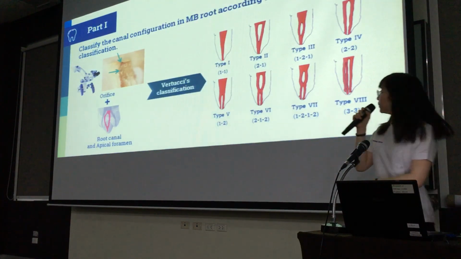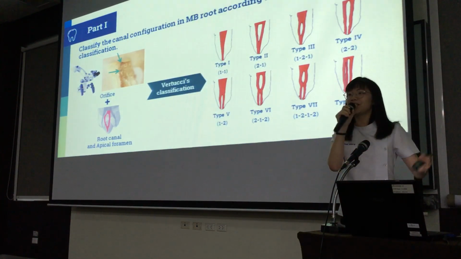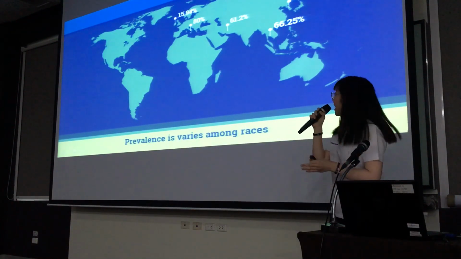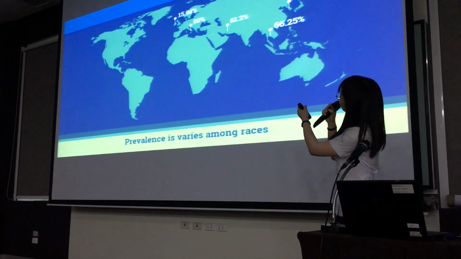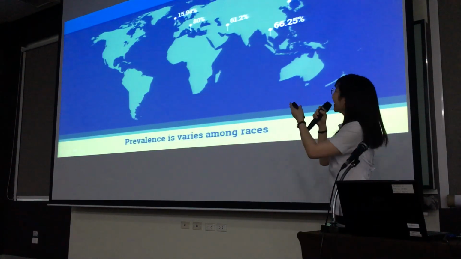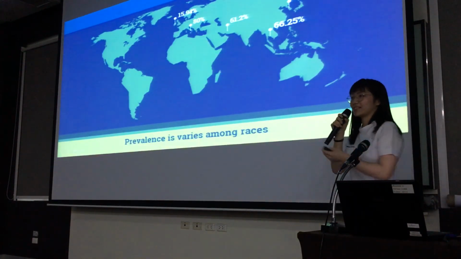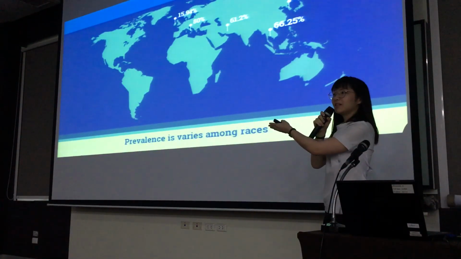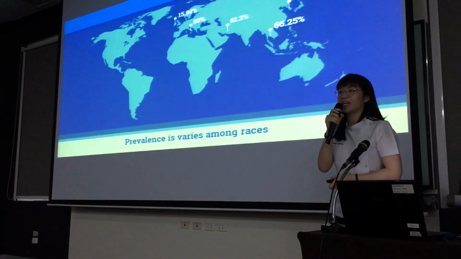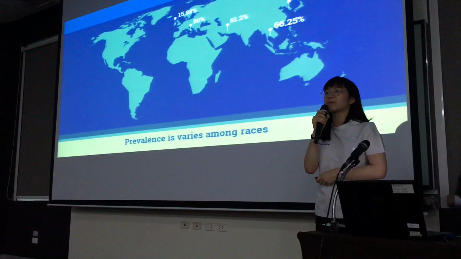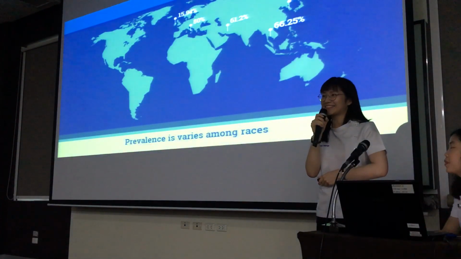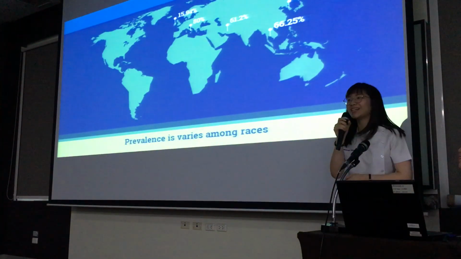It's different, because from the literature review we found many studies of MB2 in many races, and the prevalence of MB2 is different in different races, as shown in the map. It's a worldwide map showing each country. This means you should be more cautious if you treat a patient in Korea, right? I think yes. Okay, very good.